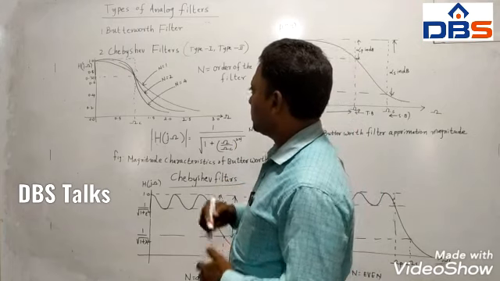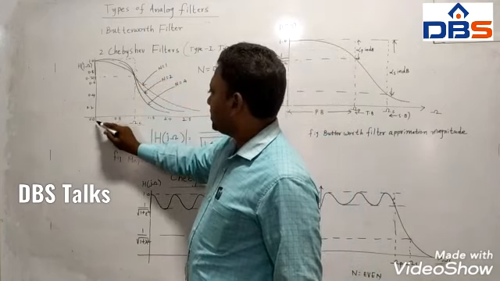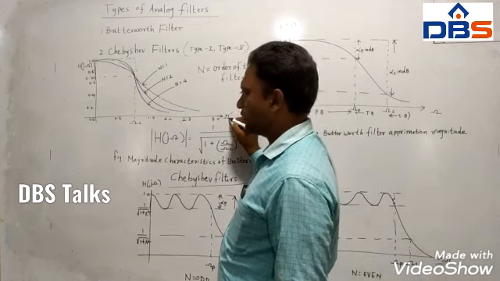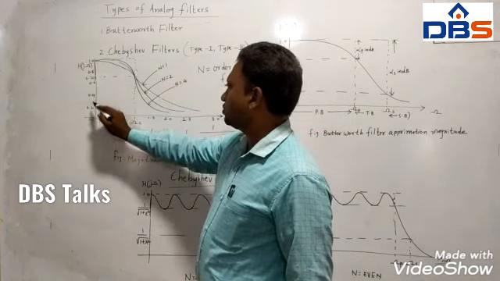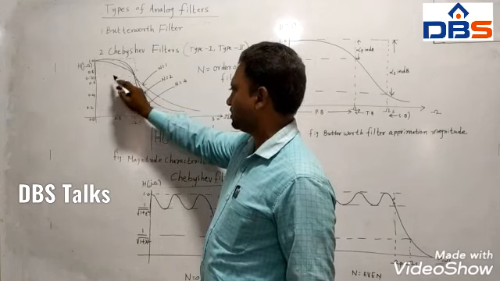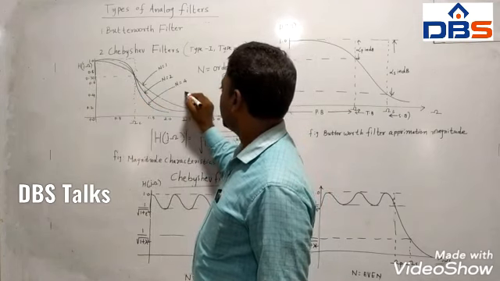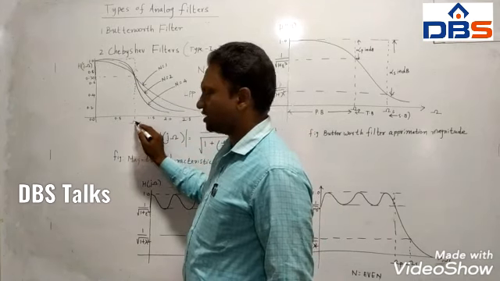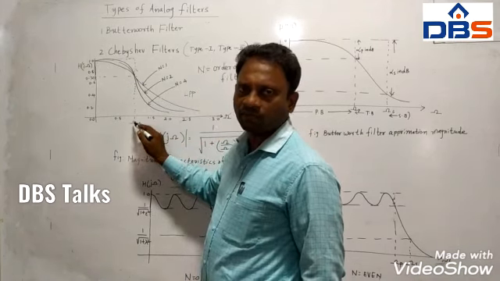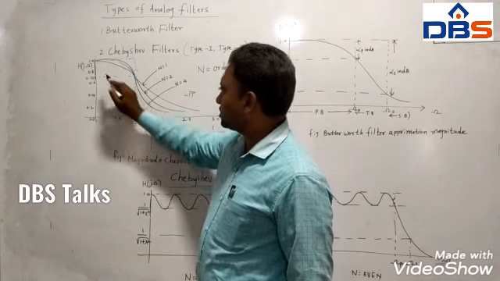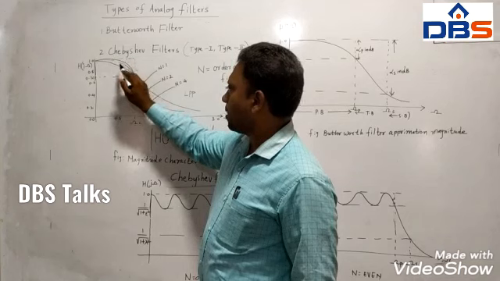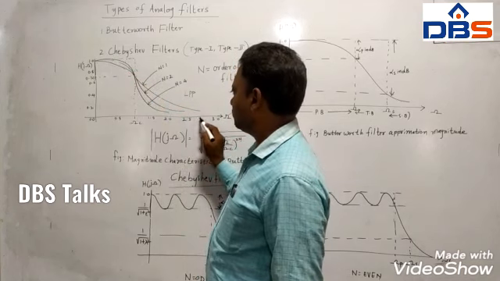Now the point to observe is, on the x-axis we take omega, the analog frequency. It has low pass filter characteristics. From 0 to omega c, where omega c is the cutoff frequency of the filter, the magnitude is maximum, a constant magnitude, and after that the magnitude is minimum.